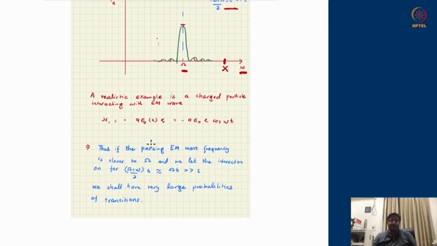A typical example of a Hamiltonian which we considered would be a charge talking to a time-dependent electric field. So if I talk of an electron in a hydrogen atom and suppose I apply an electric field from outside or shine an electromagnetic wave or photon on this system, then the charge of the electron will talk to the electric field of the electromagnetic wave, and you will get this kind of extra Hamiltonian, where E0 of t would be an oscillatory function, which is E0 times cos omega t.